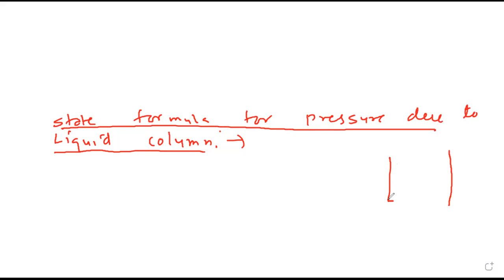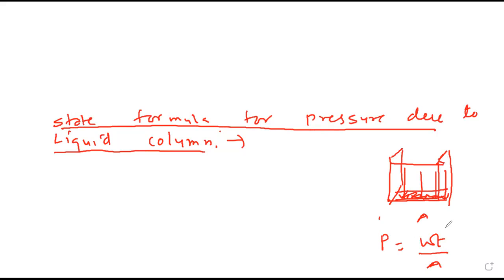If this is a container, this will be the weight of the liquid in the container acting normally, or you can say vertically downward, on this base area. Is it correct? This area is suppose A. So I can say pressure is due to weight which is creating force upon area. Weight means mg upon area. What is the density formula?